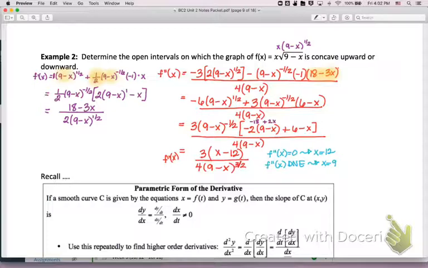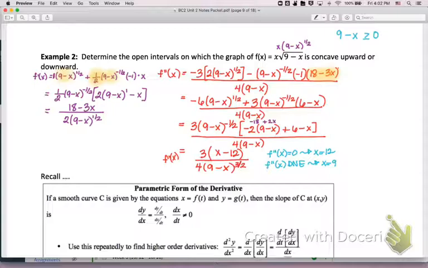The reason why I say possibly is because that original function f of x has a square root piece in it. So we need to think, remember the domain here is going to be anywhere that 9 minus x is greater than or equal to 0.